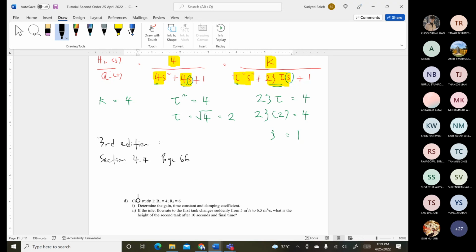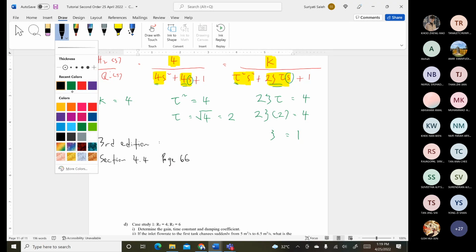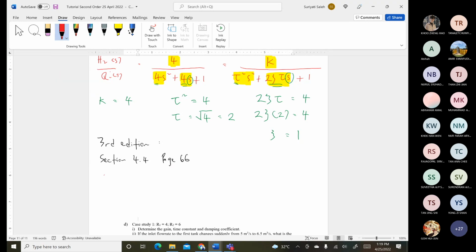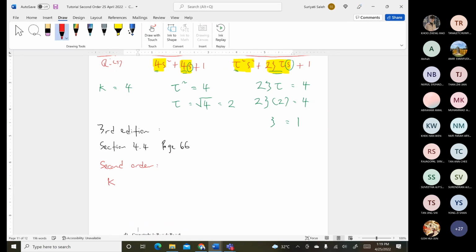So for the second order, normally we have the following form. K over tau 1 s plus 1, tau 2 s plus 1. Or K over tau square s square plus 2 psi tau s plus 1.